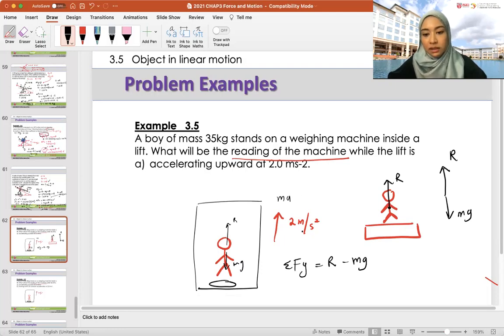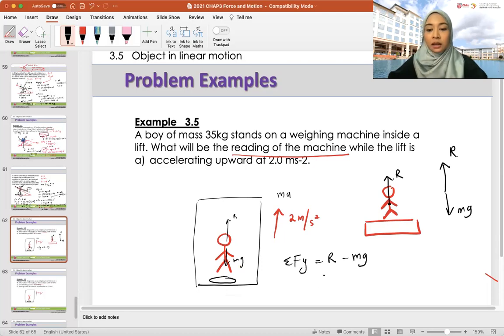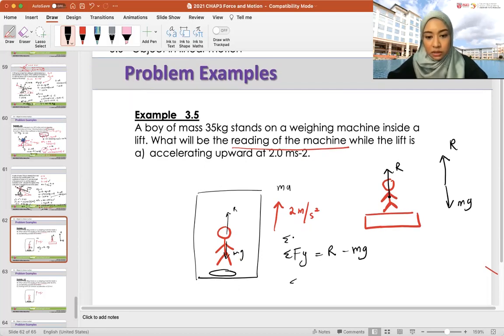We have acceleration, right? So our net Fy is not equal to 0, it is equal to ma. So this, we start with our condition first. Sorry, ma, this is the boy's mass. Soh punya berat bukan yang ni. So this is 35 kilogram times the acceleration, which is 2.